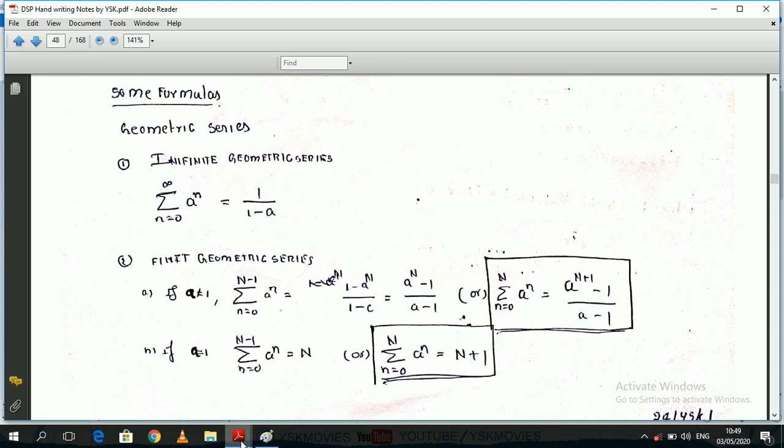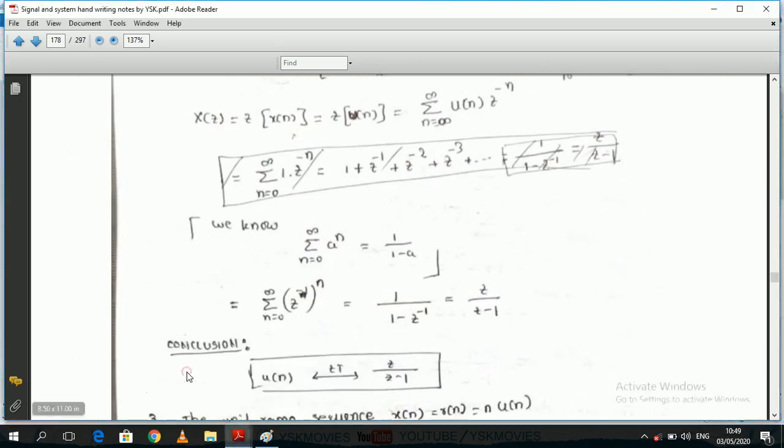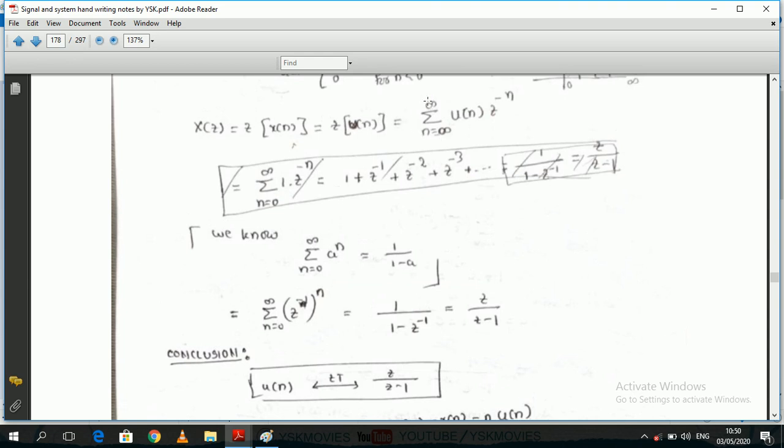While solving Z transforms, you should know one thing: you should always try to make them in the form of a power n. So n equal to minus infinity to infinity u of n z power minus n becomes n equal to 0 to infinity of z power minus 1, whole power n.